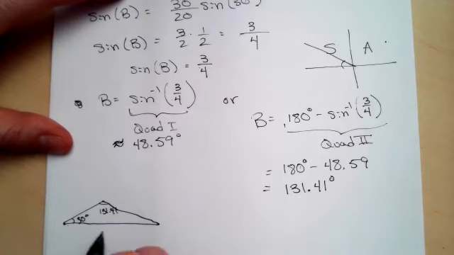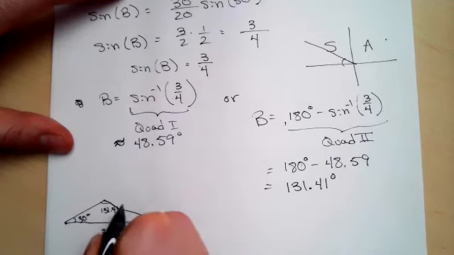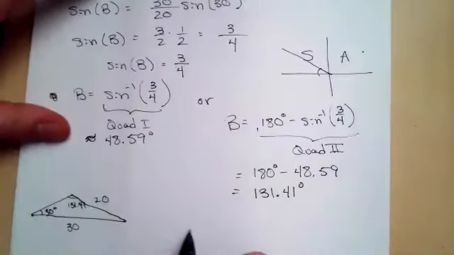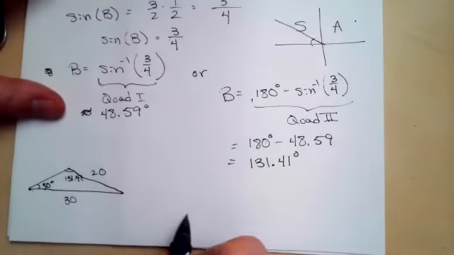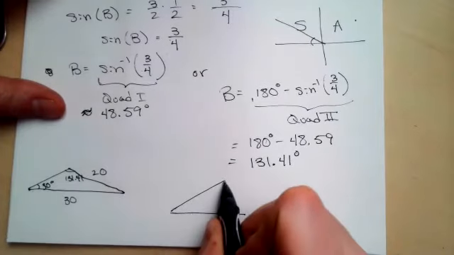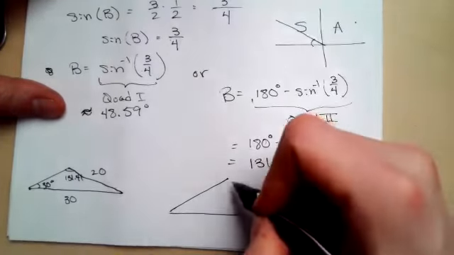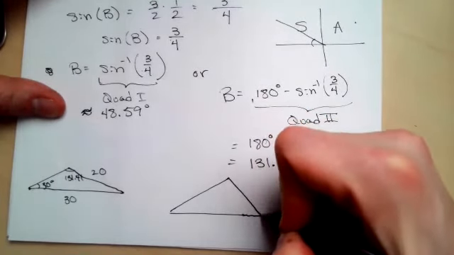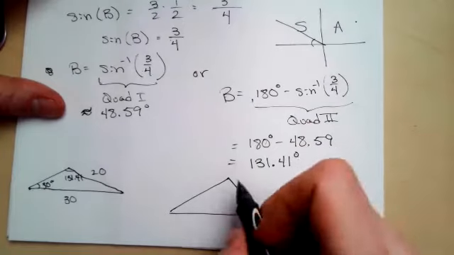Our B was 30, and our A was 20. And then our other solution would have been something like that.